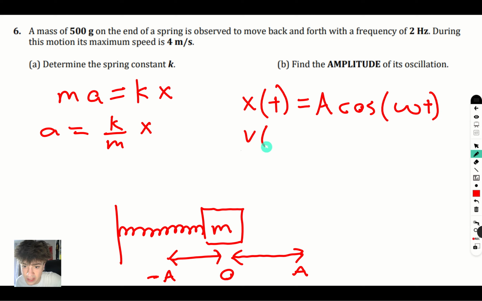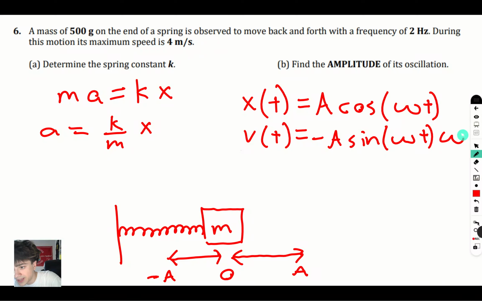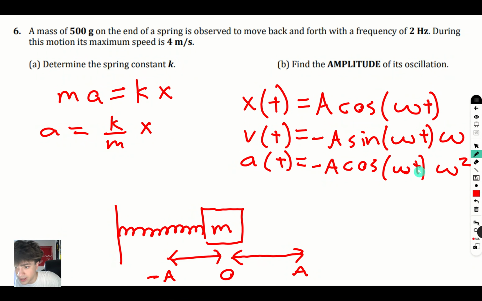Our v of t is going to be negative a sine omega t times the derivative of the inside, which is omega. And our acceleration is just another derivative of this: negative a cosine omega t times another derivative of the inside, which gives us another omega, so we'll have omega squared here.